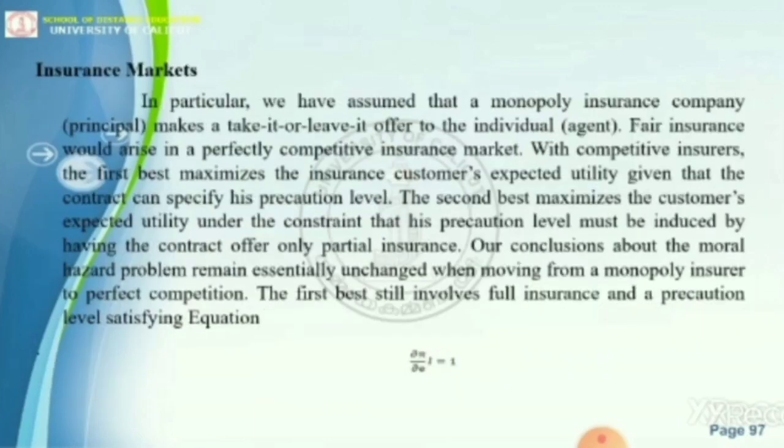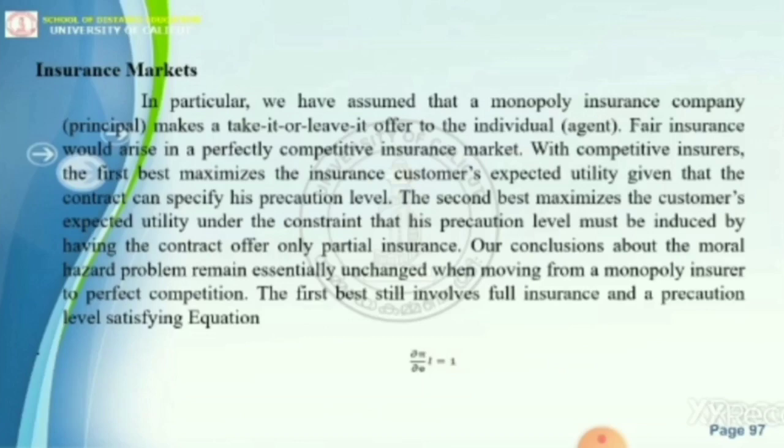Then insurance markets. In particular, we have assumed that a monopoly insurance company, that is the principal, makes a take-it-or-leave-it offer to the individual, that is the agent. Fair insurance would arise in a perfectly competitive insurance market. With competitive insurance, the first best maximizes the insurance customer's expected utility given that the contract can specify his precaution level.